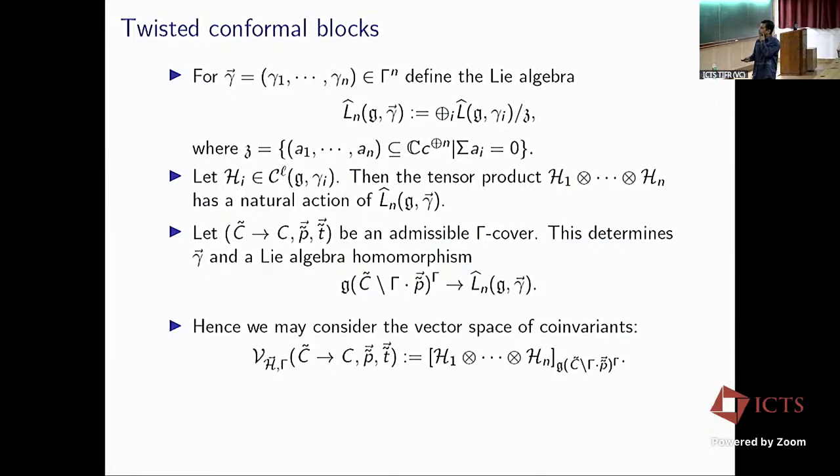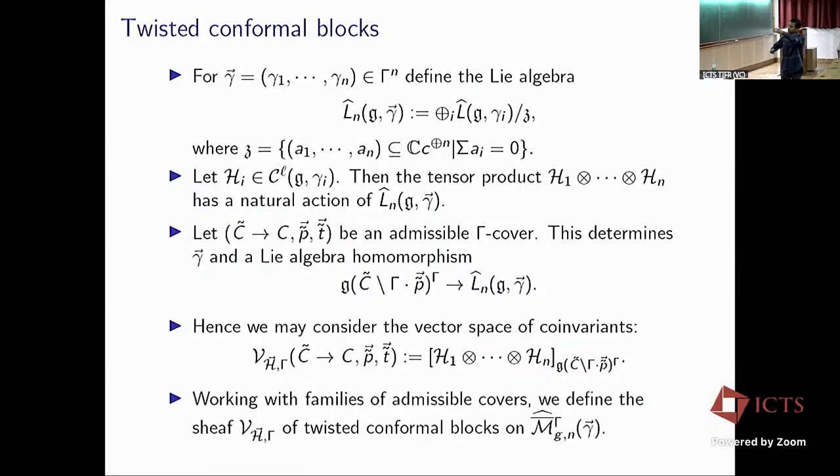And now we can work in families of such admissible covers, and this gives us a sheaf of conformal blocks on this moduli stack. Here I've put gamma bar, which means these are admissible covers which have a specified monodromy data.